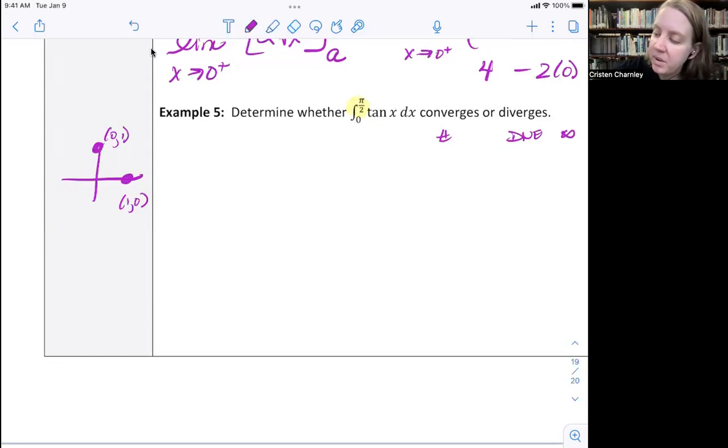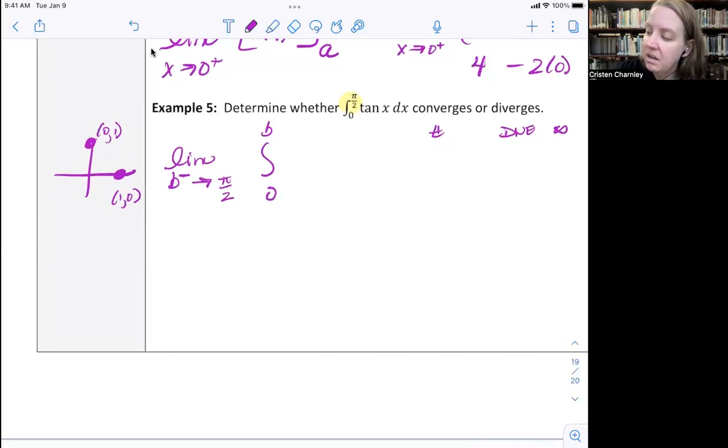So this time, my problem area is that pi over 2. When we write this problem, it will be the limit as b from the left, because that's where the shaded area is, approaches pi over 2 of the integral from 0 to b of tangent of x dx. It's basically like you're removing any of those problem areas and replacing them with the limit to that variable. Now, tangent is not the answer to one of your derivatives on the golden ticket, but it is on the integral side, and it's natural log of secant.